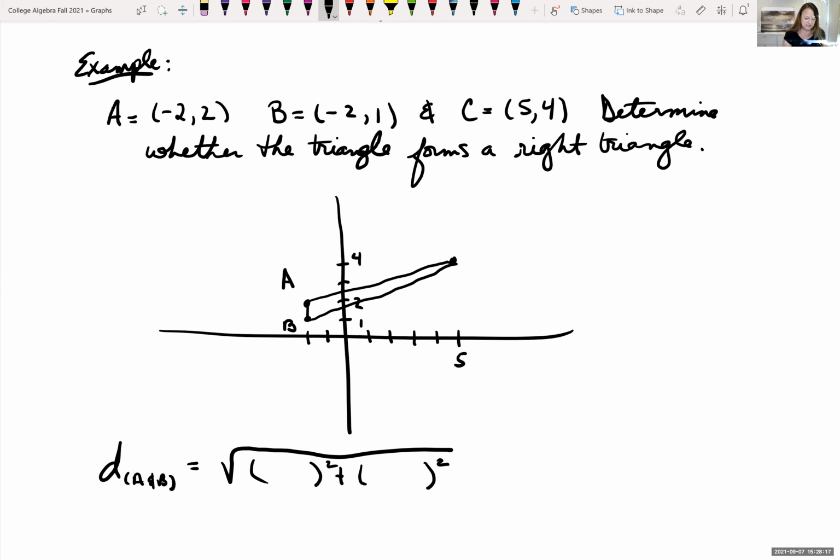And so let's look at the change in our X value and square it. So the change in our X value will be -2 minus a -2, so really -2 plus 2, quantity squared. And the change in our Y value, so 2 minus 1, quantity squared.